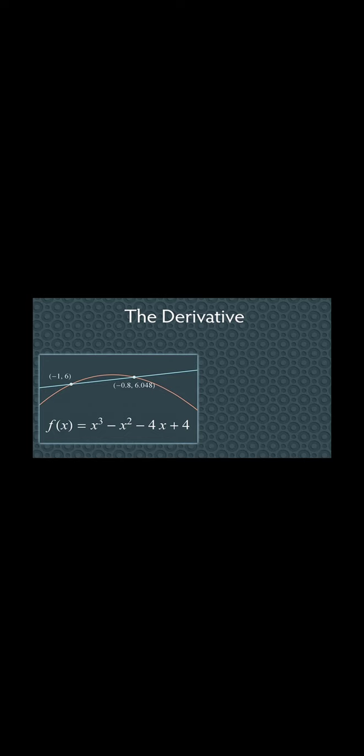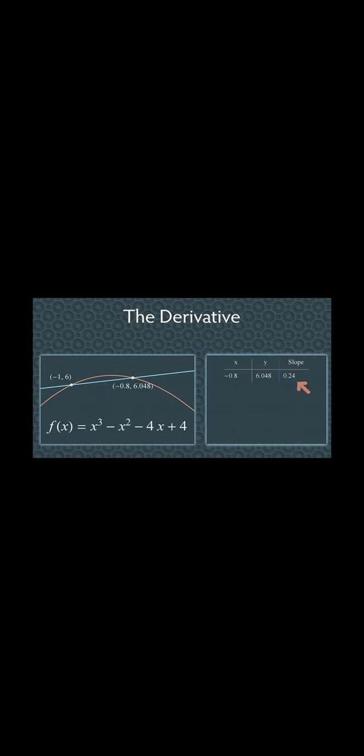How about the point (-0.8, 6.048)? Next, draw a line through these two points. The slope of this line is a good approximation for the steepness of the curve at the point (-1, 6). If you compute the slope, you get 0.24.